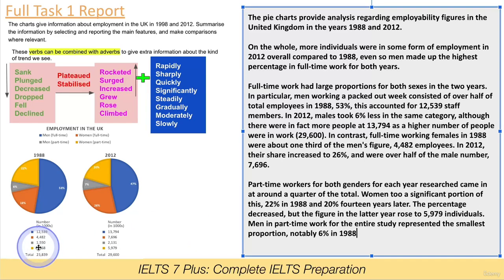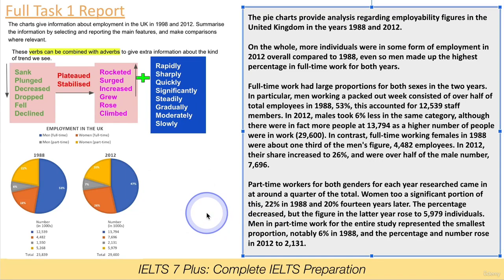They increased both in actual staff members and in percentage. The percentage and number rose in 2012 to 2,131.